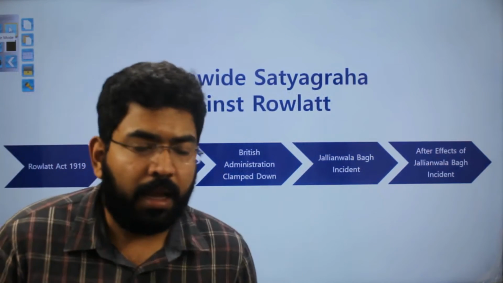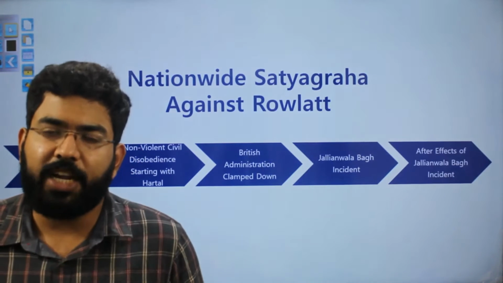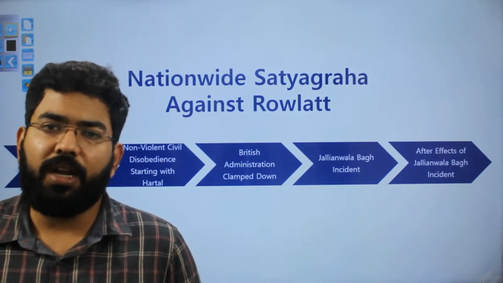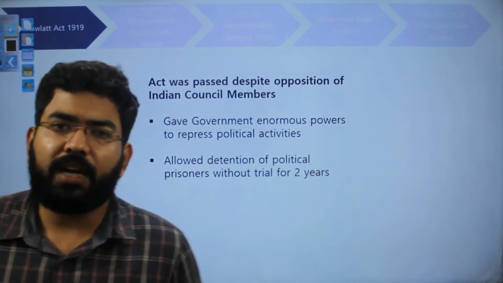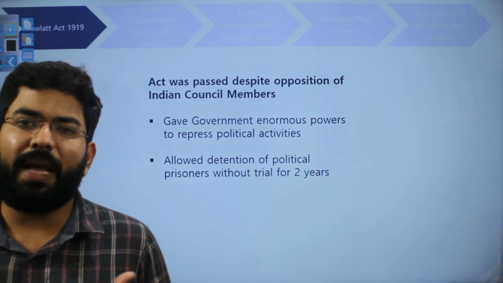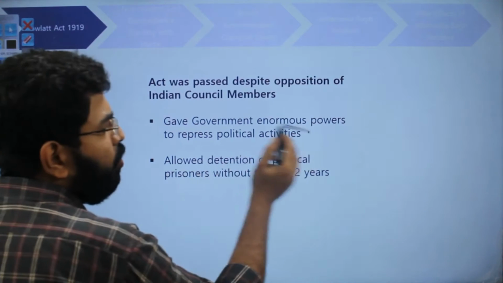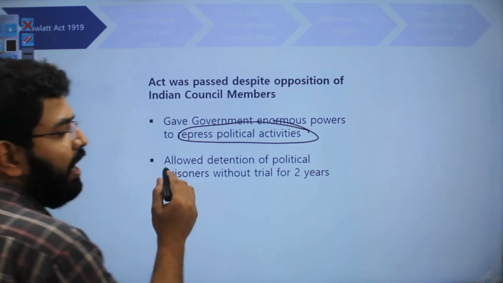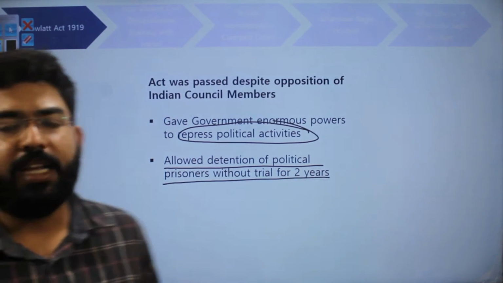Around this time, when Gandhi's ideology was gaining momentum, a new act called the Rowlatt Act was introduced by the government. The Rowlatt Act gave the government immense powers. The government could repress any political activity in the country, and it allowed detention of political prisoners without trial.